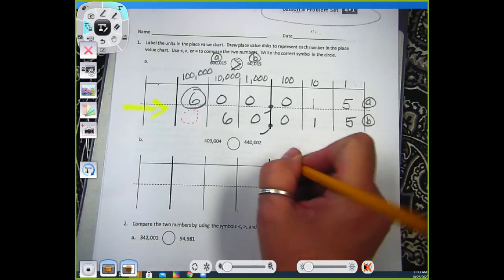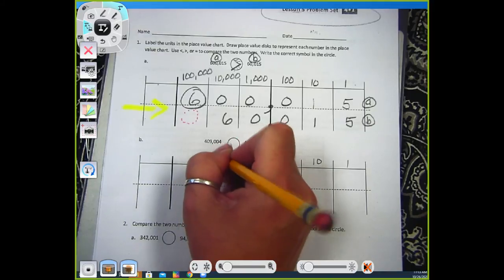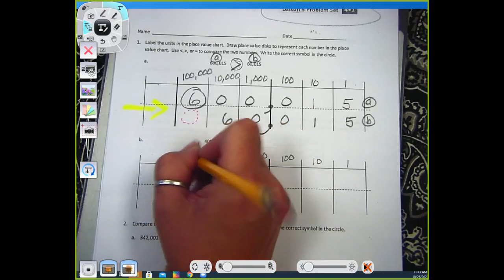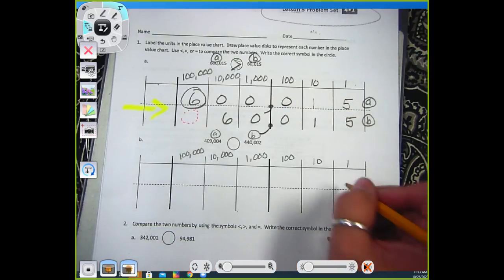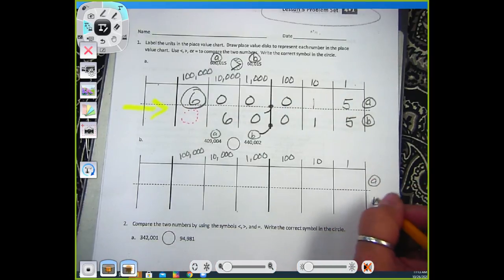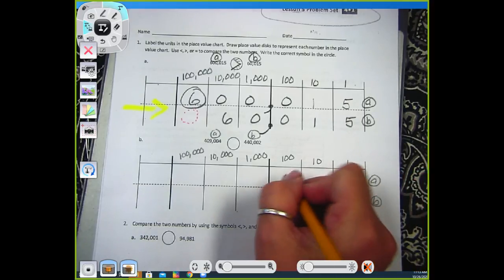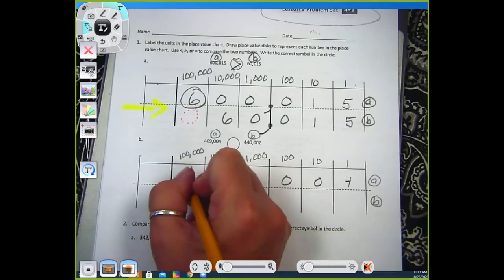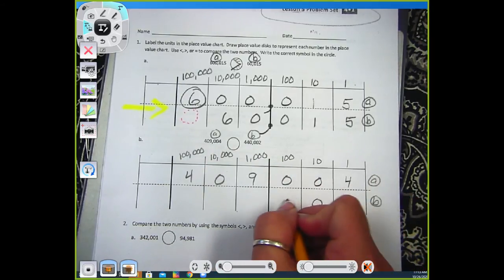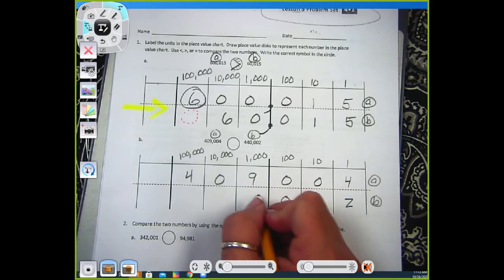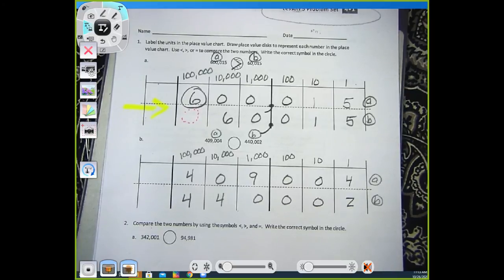I'm going to quickly label my place value chart. I'm going to write my numbers on the chart. So here's letter A, number A. Putting my digits in. Here is number B. Okay.